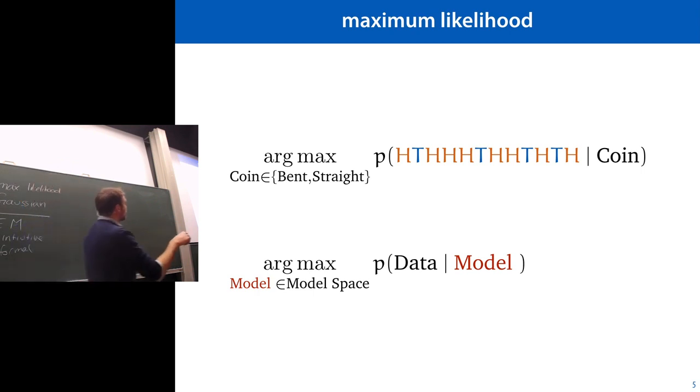So we calculate the probability of the data given that the coin is bent and given that the coin is straight, and the coin that gave us the highest probability, the highest likelihood, probability of the data given the model, we choose. So we have a model in some model space. We search the whole model space, ideally, and then we search it for the model that gives the highest probability to the data. So that's a pretty straightforward way.